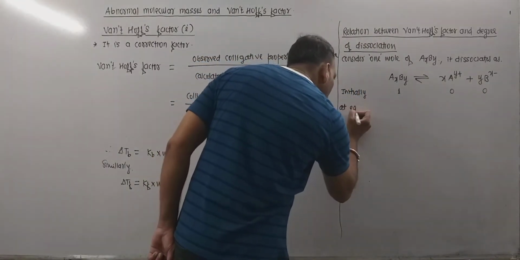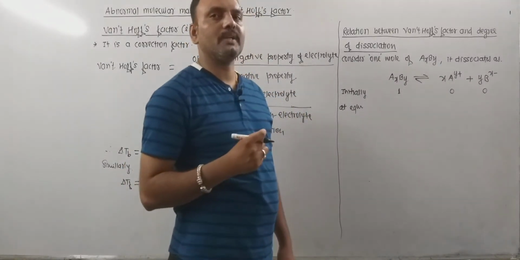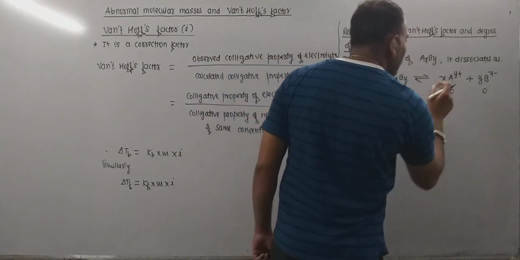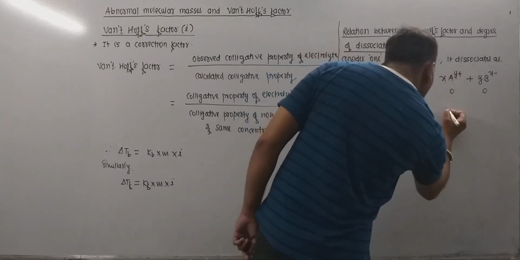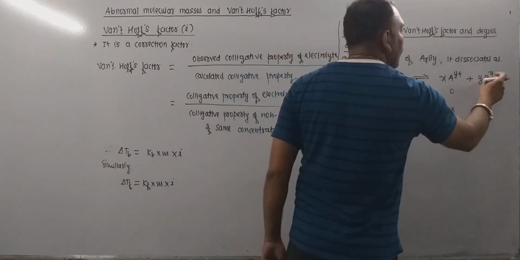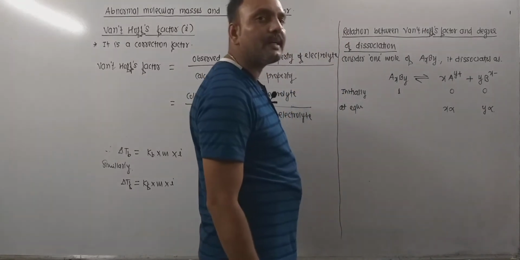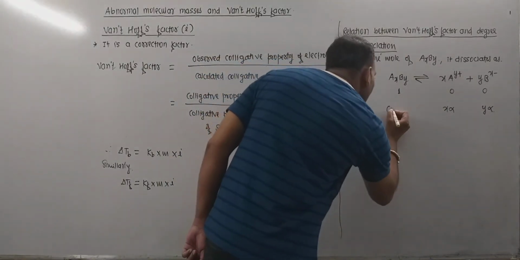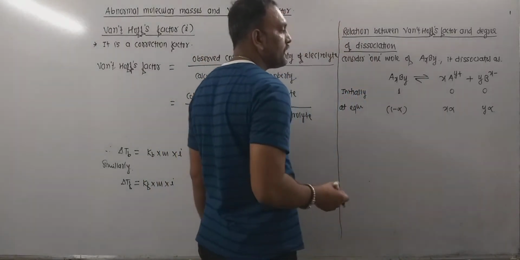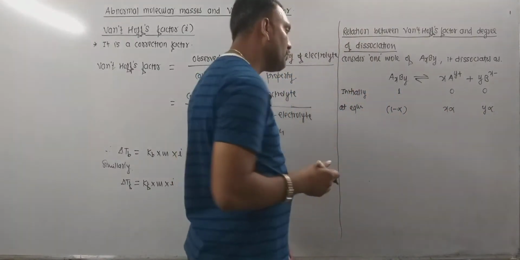But at equilibrium, let out of 1 mole alpha moles get dissociated. Then the number of moles of A^y+ will be x alpha, and the number of moles of B^x- will be y alpha, and the number of moles which remained undissociated will be 1 minus alpha. Remember all these things after dissociation, the dissociated moles and the moles which remained undissociated, remain in the solution.